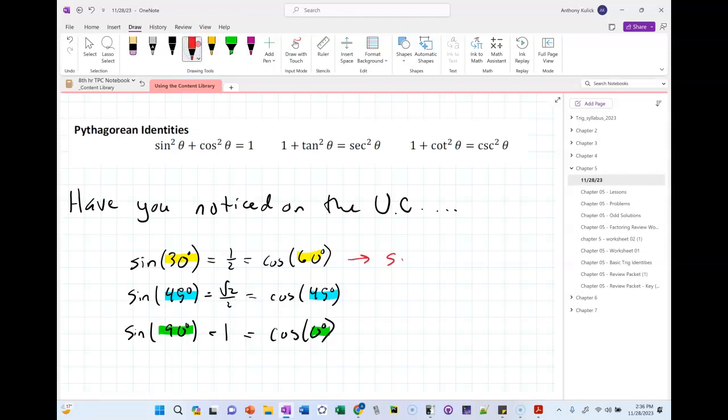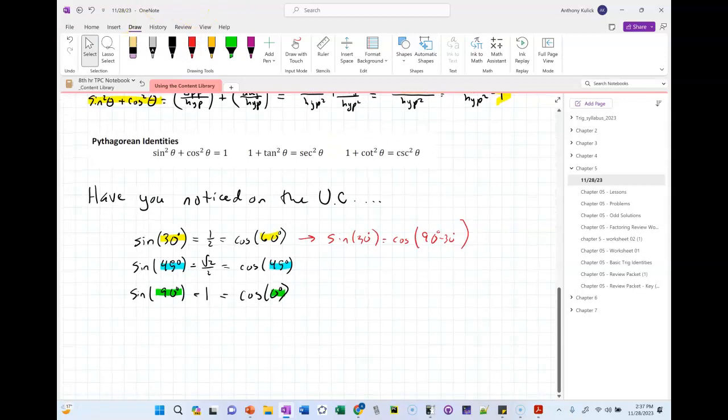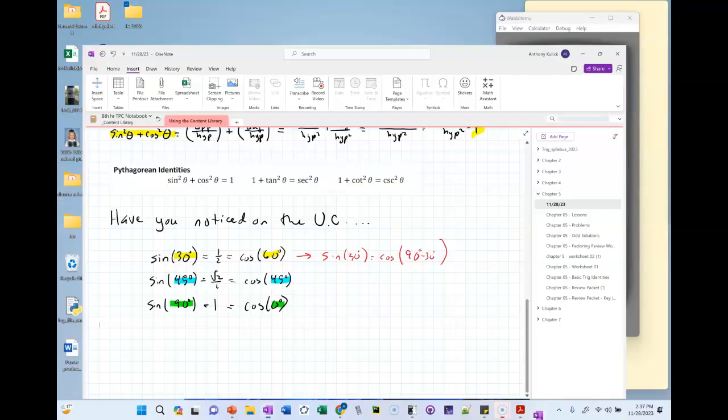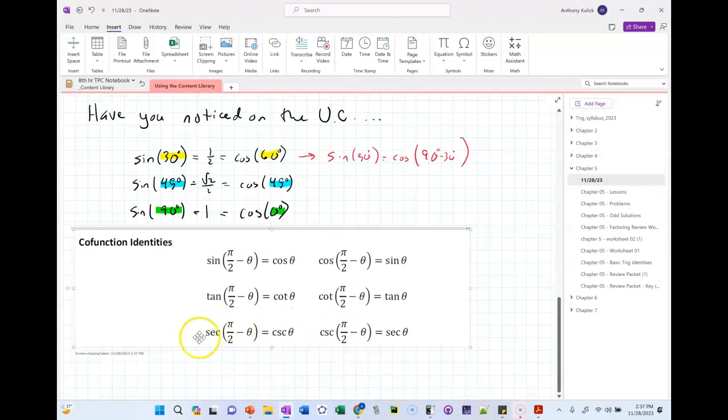Essentially what we're seeing here is that sine 30 is equal to cosine of 90 minus 30, right? That's an identity. Because it's not true just for 30, 45, 60, 90. It's true for any angle. So we're going to call these guys the cofunction identities.